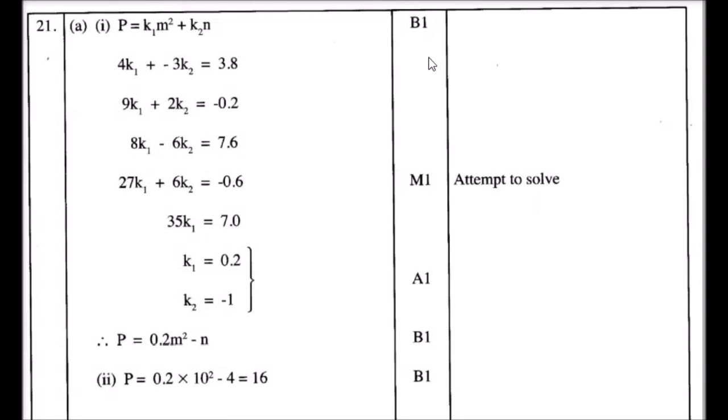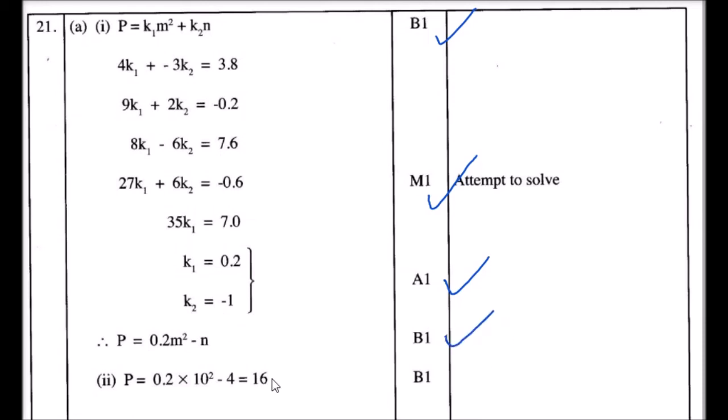For part A, you get one mark for expressing the statement of P. Then you get another mark for working out, substituting, and you get another mark for getting the constants; here they have used K1 and K2, but I used A and B. You get a mark for expressing P in terms of the constants that you have worked out, and finally a mark when you get 16.